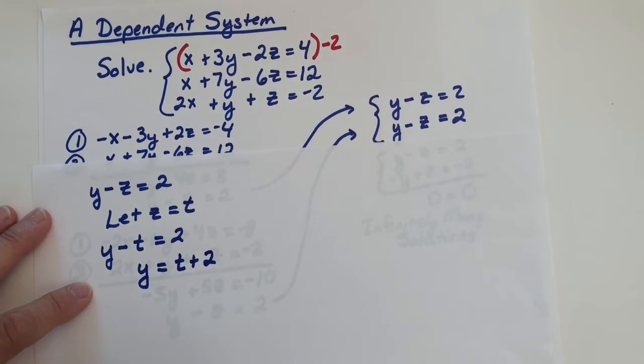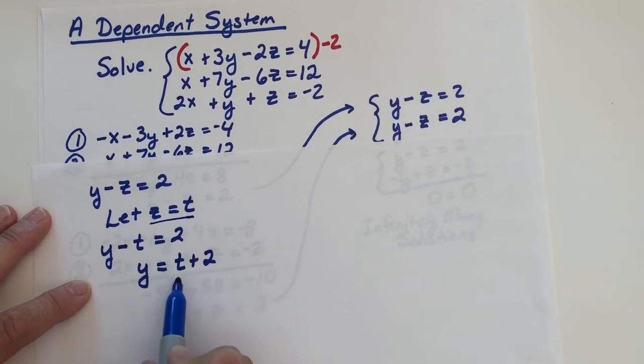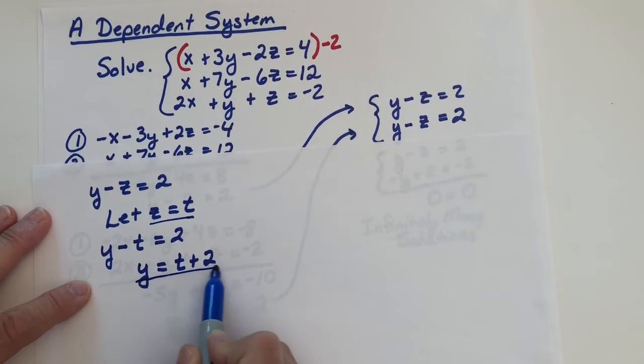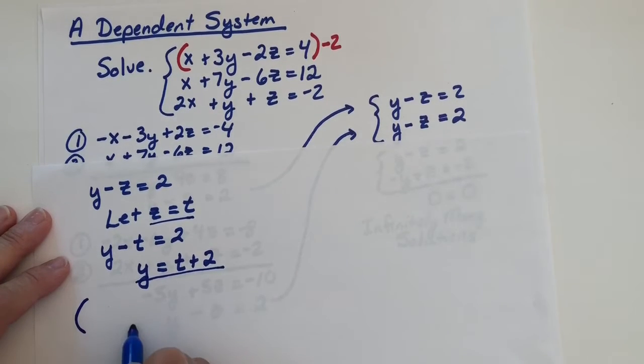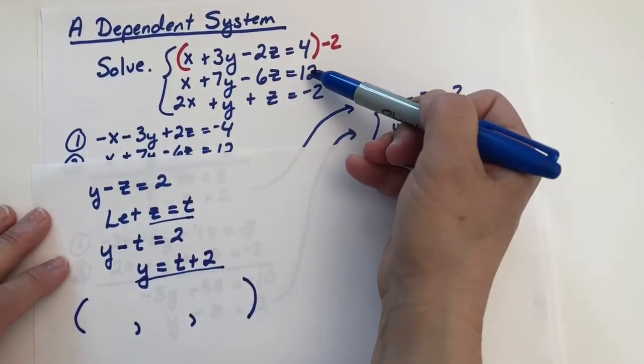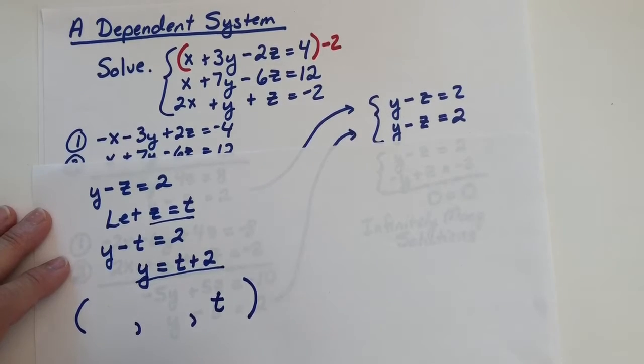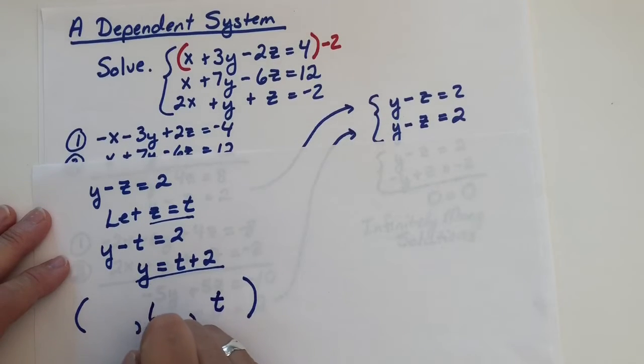So I have a representation for z, and I have a representation for y. In fact, what I know is that a solution to this system would have this form: t for a z value and a y value that is 2 larger than that.